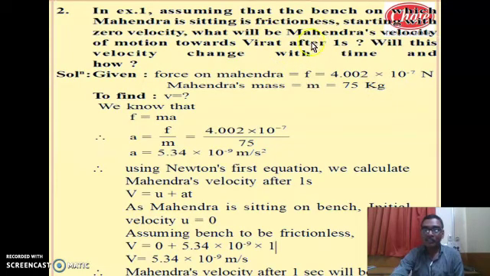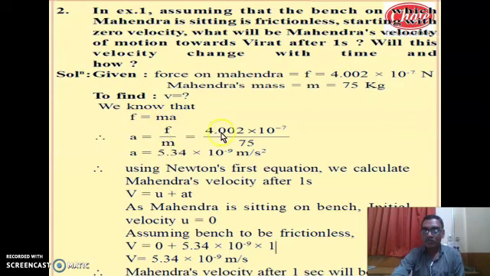Here, what do we have to find in this problem? Velocity. And further, we have to conclude whether this velocity changes or not. Based on this force and mass, we will readily get the acceleration. As we know, F equal to mass into acceleration, hence acceleration equal to force by mass.